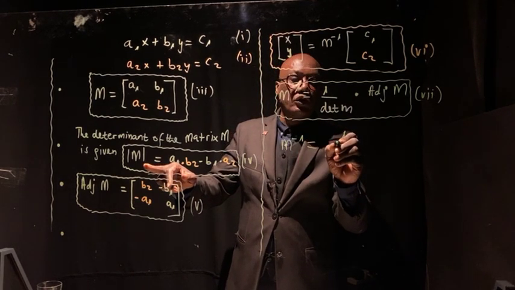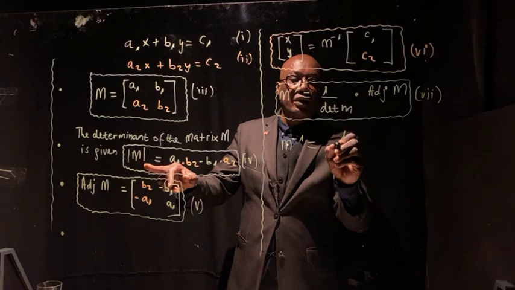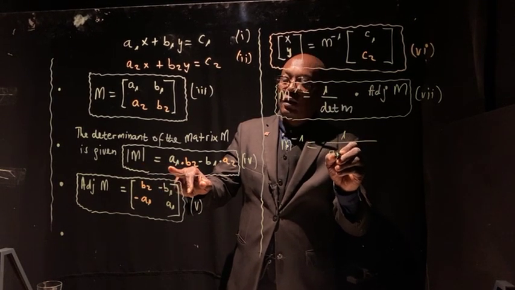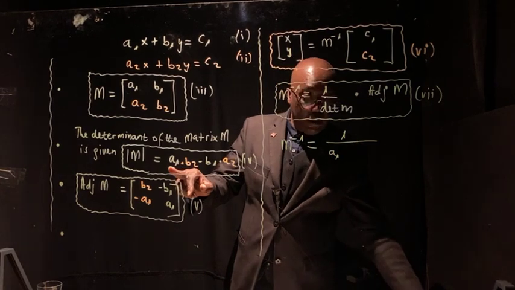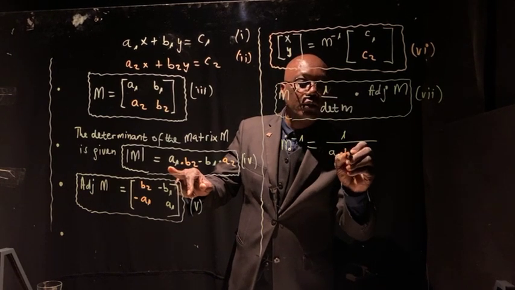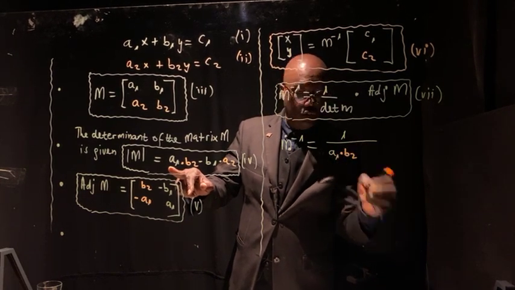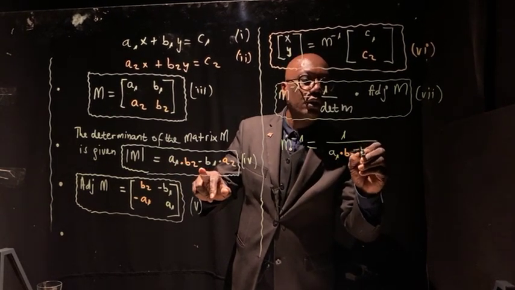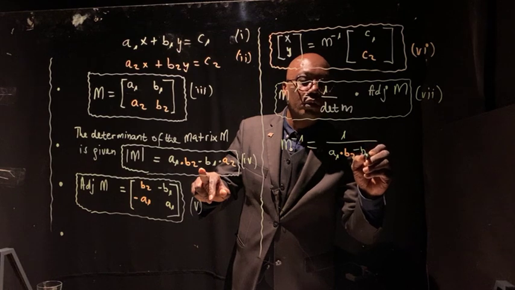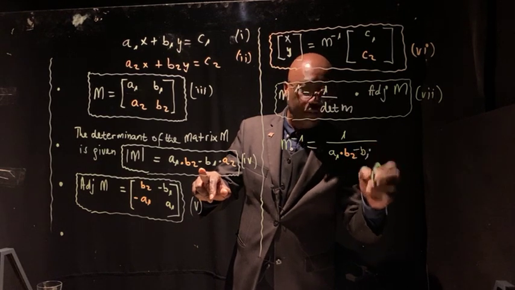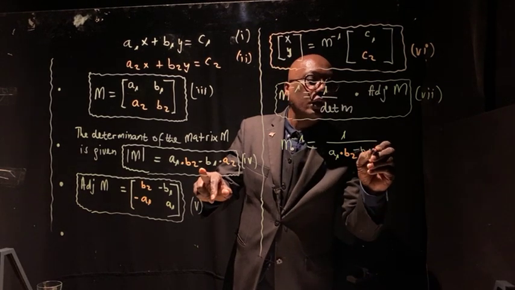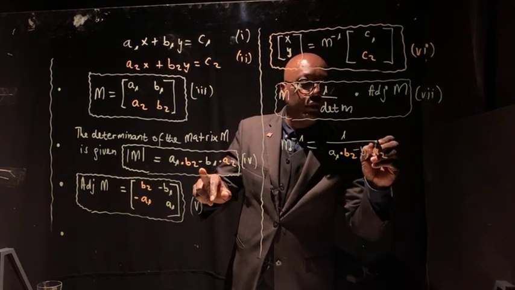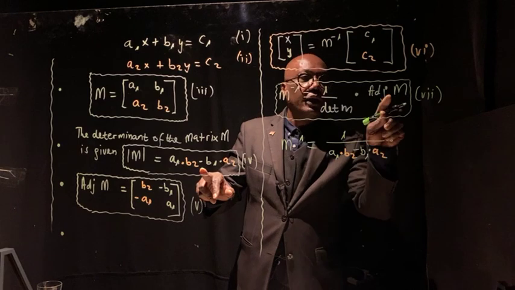Sometimes you will find it written like this. 1 over the determinant is A1 multiplied by B2 minus B1 multiplied by A2. Then we have 1 over the determinant times the adjoint of M.